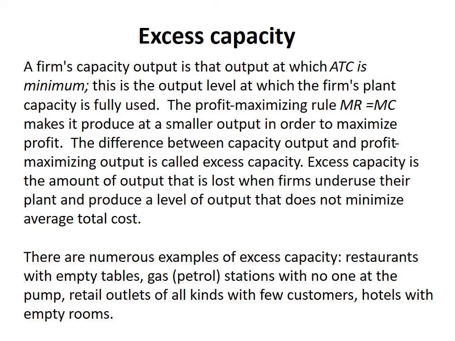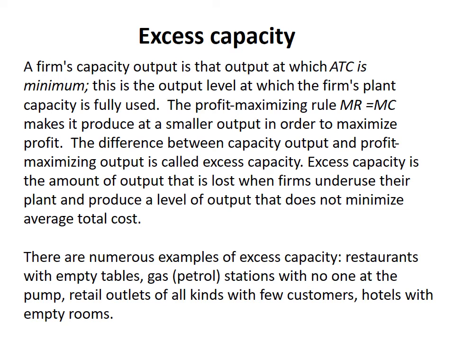Excess capacity. So this is interesting. Capacity output is the output where ATC is a minimum, and that's when a firm's plant capacity is fully used. The profit maximizing rule of MR equals MC makes it produce a smaller amount in order to maximize profit. The difference between capacity output and profit maximizing output is called excess capacity.